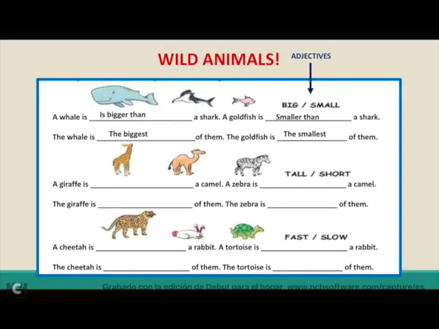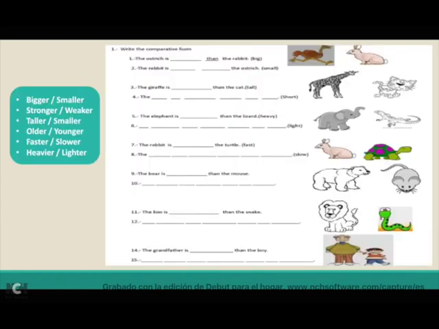Okay guys, now let's continue with our next exercise. Now I'm going to explain how to do this exercise. As you can see, we have 15 sentences that you have to complete. Each 2 sentences belong to the first 2 pictures. We have here the ostrich and the rabbit.